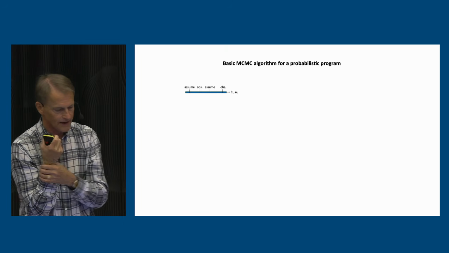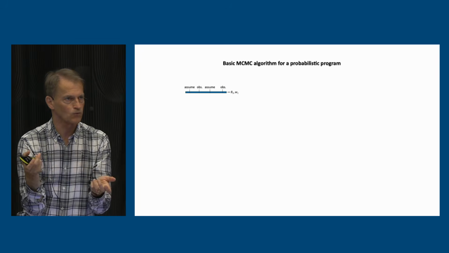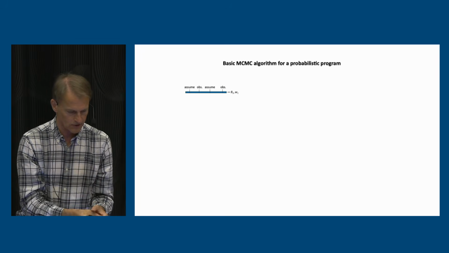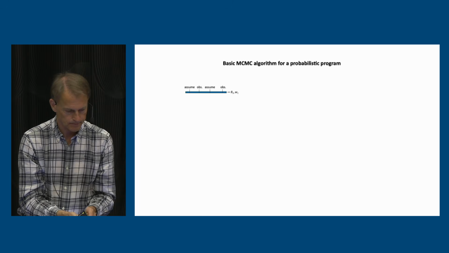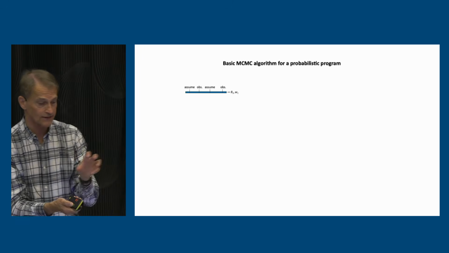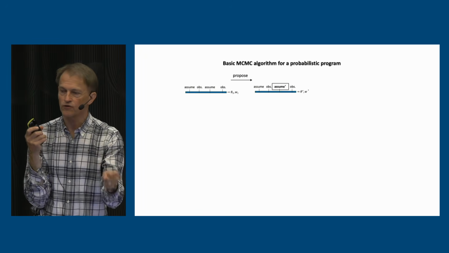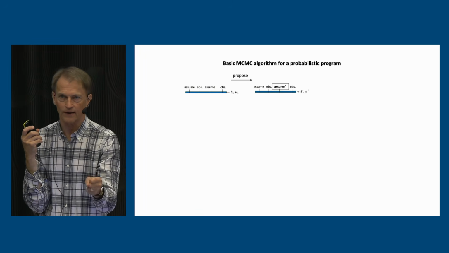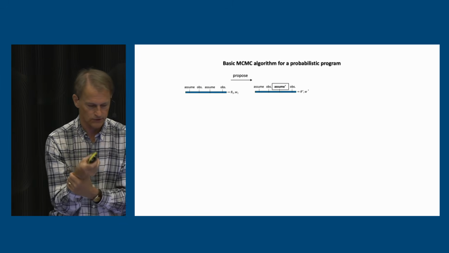In the end, you get some parameter values and a weight for those parameter values, a draw from the target distribution. To implement an MCMC algorithm, we go into that stack trace, select one or more assumes, and modify the value that we currently have for those assumes.